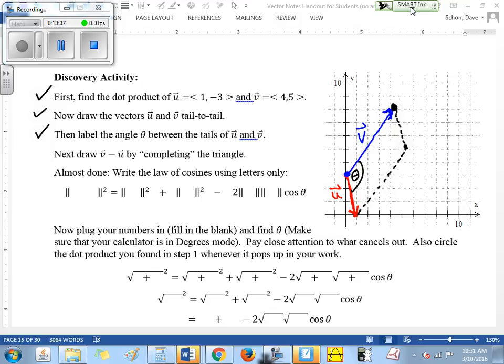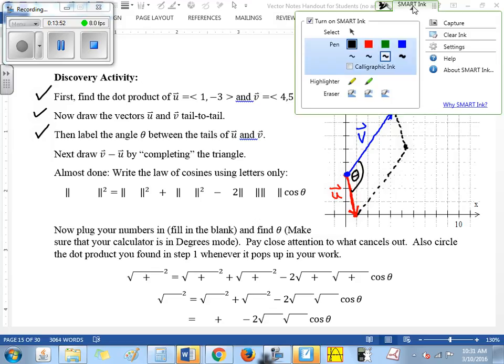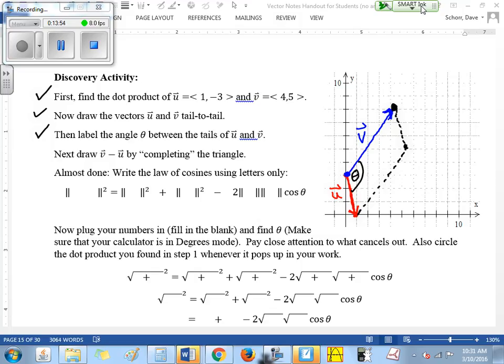Does anyone know what happens if we draw the other diagonal? It's not u plus v. It's u minus v, correct. Or v minus u, depending on which way you aim it. If you want a convenient, quick way to draw v minus u, instead of thinking parallelogram, just finish the triangle here.